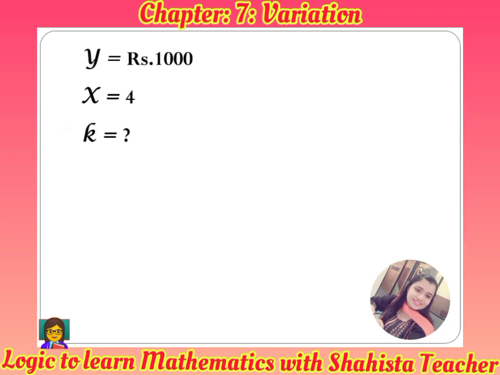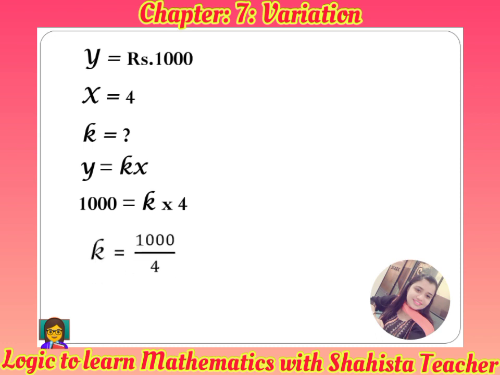So y is equal to 1000, x is equal to 4. This is given in the question. y is equal to rupees 1000 और x is equal to 4, यानी कि लेबर कितने हैं 4 और रेम्यूनरेशन कितना पे कर रहे हैं 1000. So y is equal to kx. Okay, y is equal to kx.